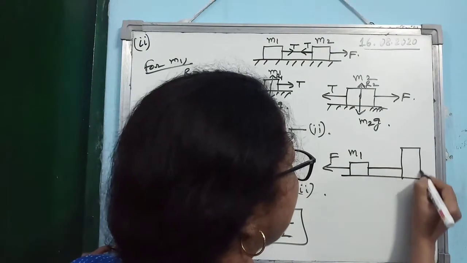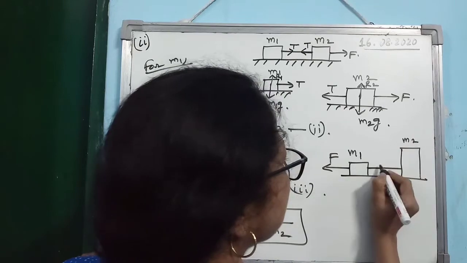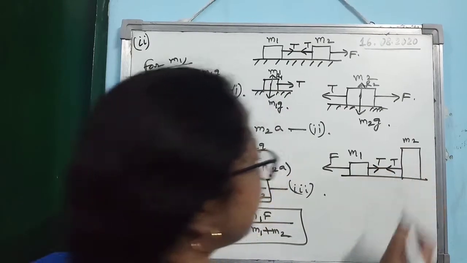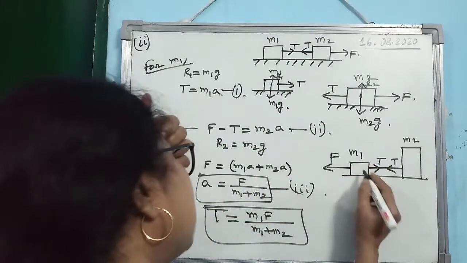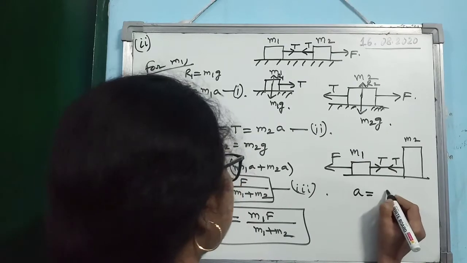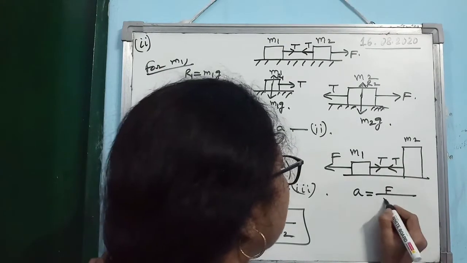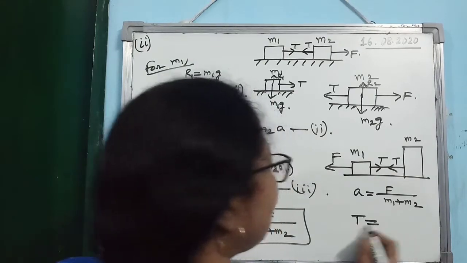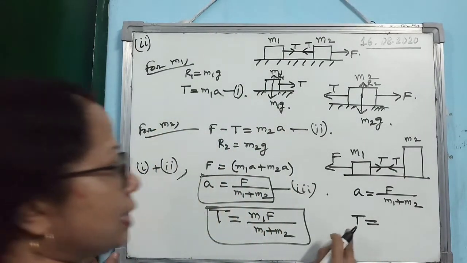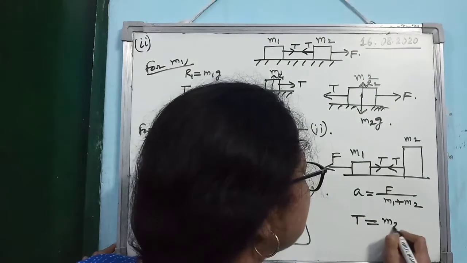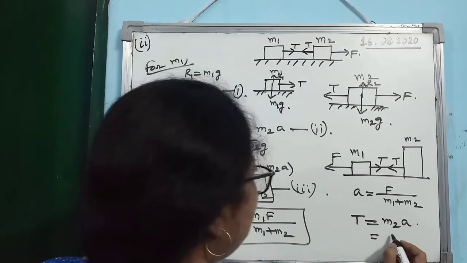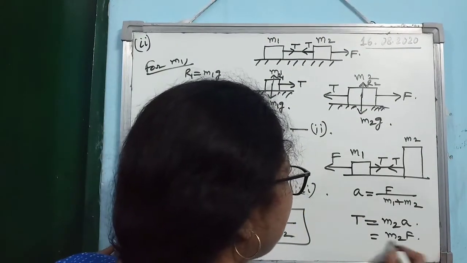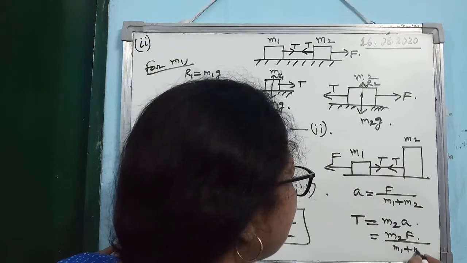I am drawing the diagram here. It is M2, so tension T in this direction. The acceleration will remain the same, F by M1 plus M2. But what will be the tension in the string? Tension in the string will be M2A, which means it will be M2F divided by M1 plus M2.